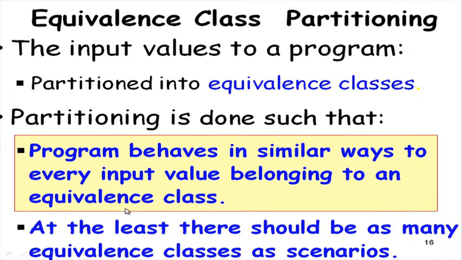So, if we know the specification for this unit and the scenarios, then we will have at least as many equivalence classes as there are scenarios of operation for this unit. Of course, there will be more equivalence classes. Let us look at those.